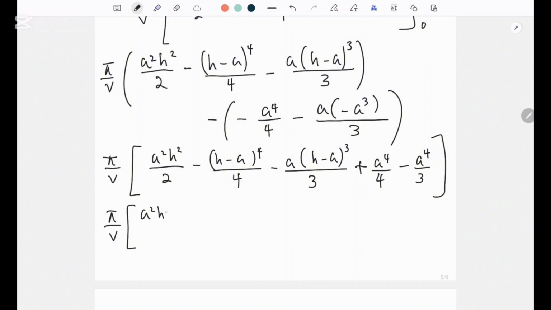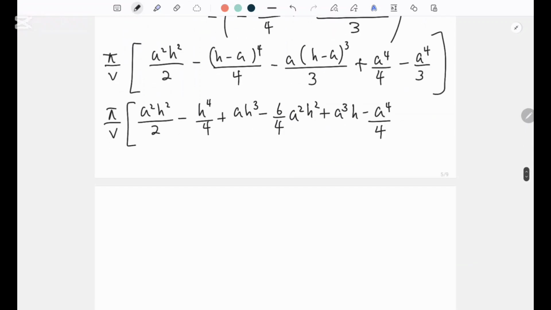So a squared into h squared over 2 minus. So (h minus a) to the power 4 over 4 is h to the power 4 over 4 minus a h to the power 3 plus 6 over 4 a squared into h squared minus a to the power 3 into h plus a to the power 4 over 4.